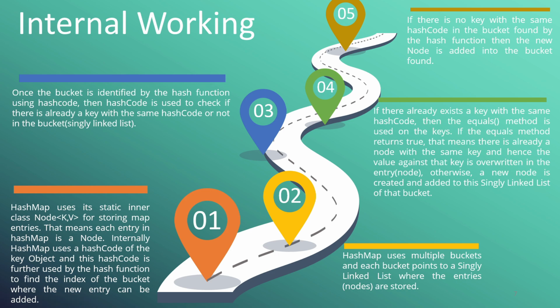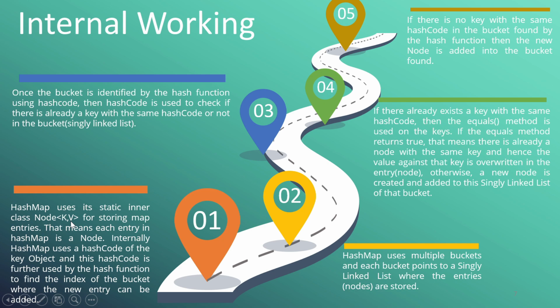Now coming to the next very important question that is usually asked in interviews, the internal functioning of a hash map. Let's go through it in a detailed manner. First of all, you can see that hash map uses the inner static class that I mentioned, Node, which has a key and a value.